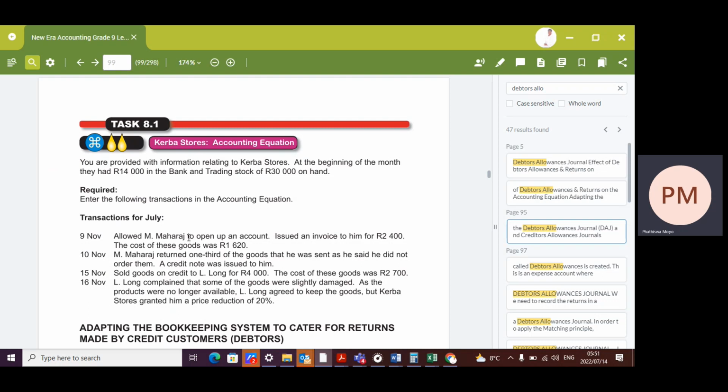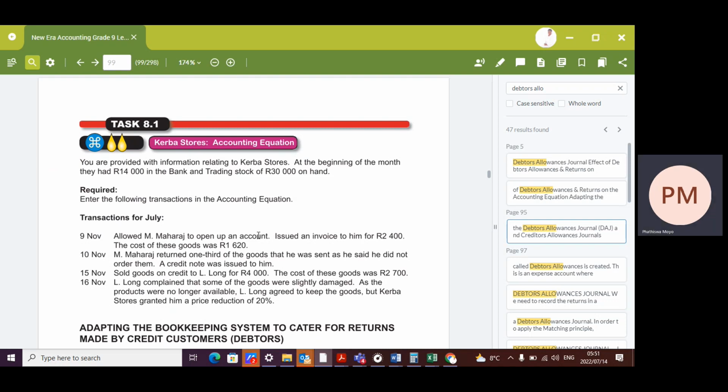So they say allowed M. Maharaj to open up an account, issued an invoice to him for 2,400. The cost of these goods was 1,620. You know, in the previous example, that we recorded on the debtors journal.